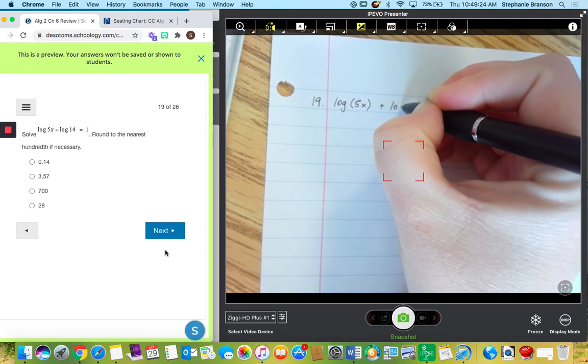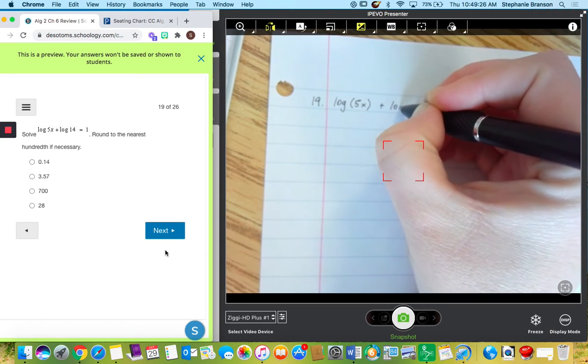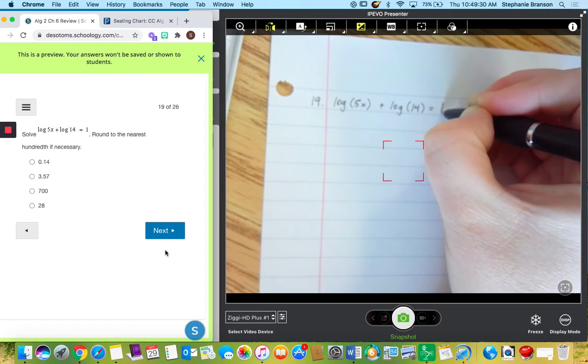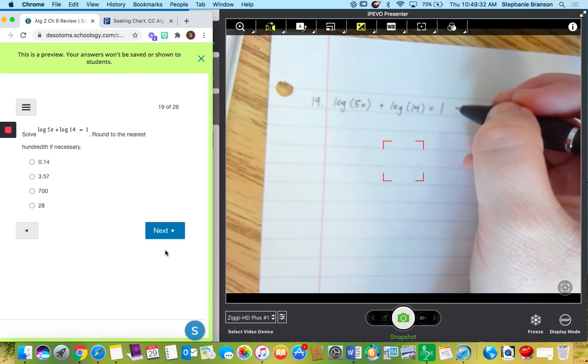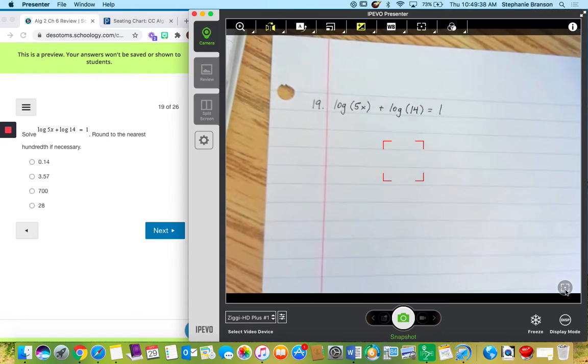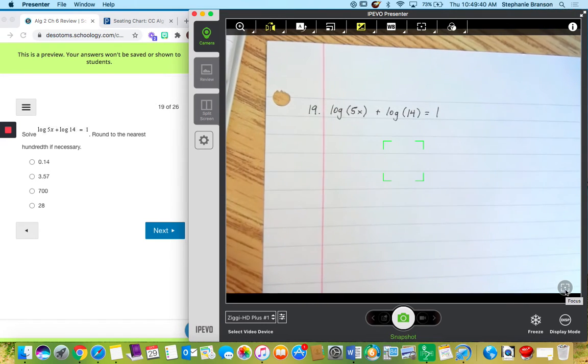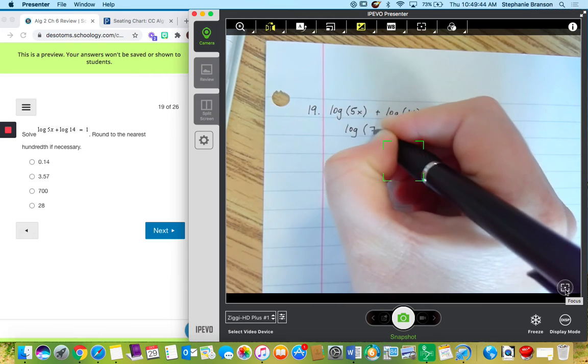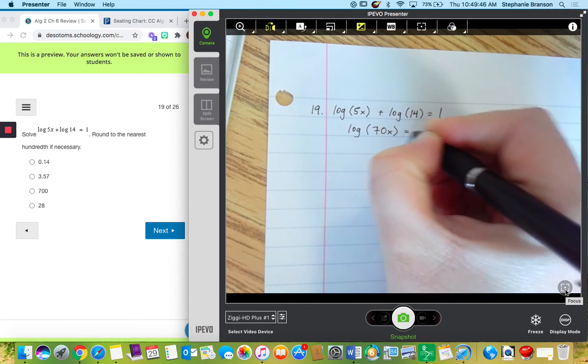I've got log of 5x plus log of 14 is equal to 1. The plus sign tells me to do what? Multiply. 5 times 14 is 70. So log of 70x is equal to 1.